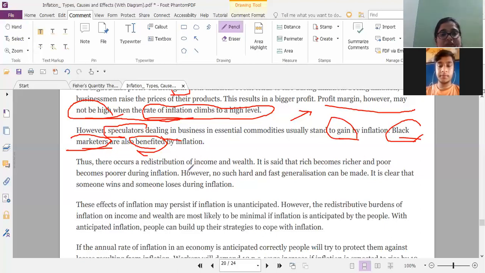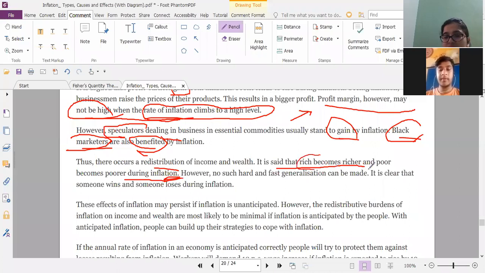So thus there occurs a redistribution of income and wealth. It is said that the rich become richer and the poor become poorer during inflation. You must remember this, that I said earlier also.